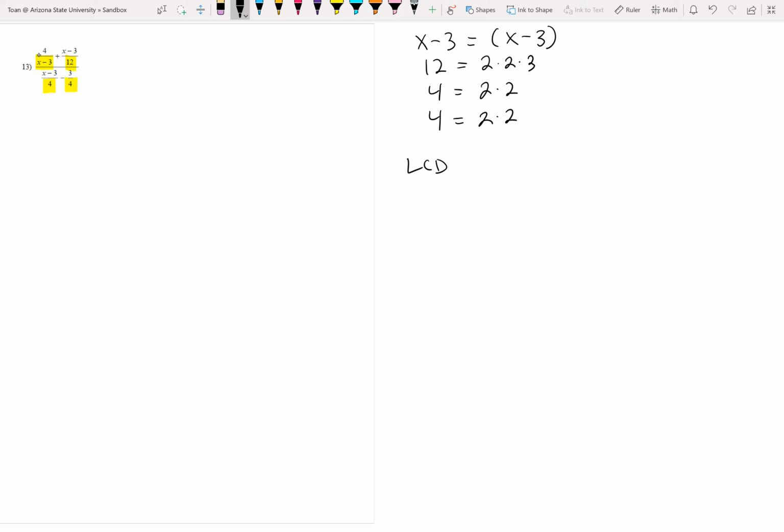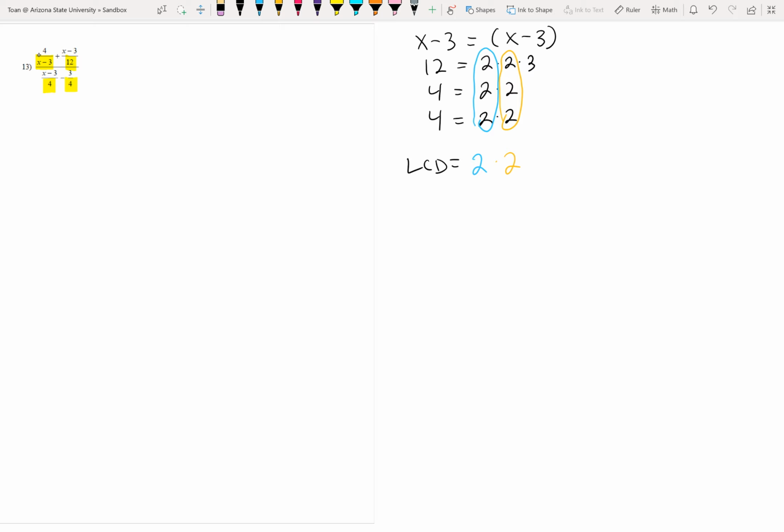So for the LCD, what you want to start with is look vertically, up and down, not left to right, and you look for common factors. Hopefully this is very obvious now that everything's broken apart. You have a 2 in common. You have another 2 in common. And that's it. I do not have 3's in common because this top 3 is attached to the x.